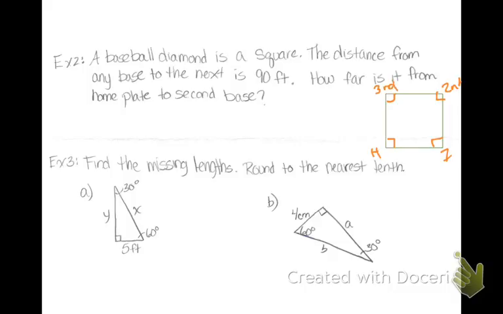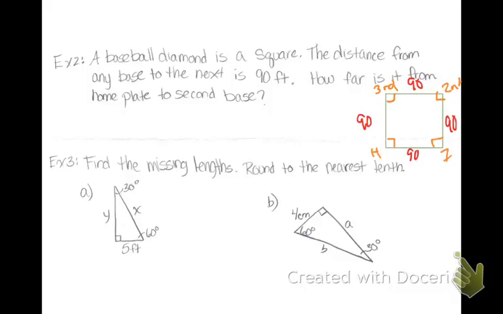The distance from any base to the next is 90 feet. So they're telling me from home to first it's 90 feet. From first to second it's 90. Second to third is 90. And third to home is 90. How far is it from home plate to second base?